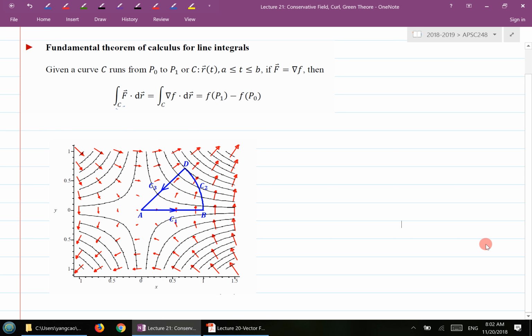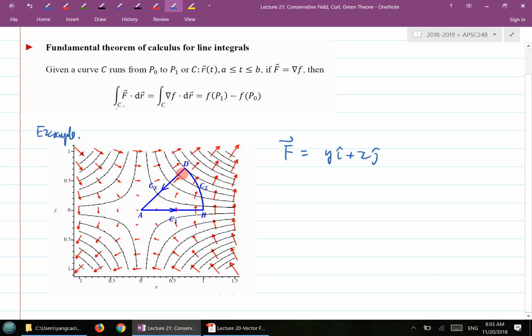Okay, so let's take a look at this example here. We have a vector field F equal to y i-hat plus x j-hat. This is the vector field, and those red arrows represent the distribution of this vector field.